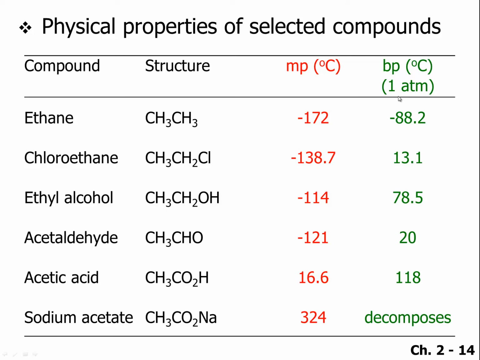So at higher pressures, you end up with higher boiling points. At lower pressures, you're going to have lower boiling points because the molecules are in equilibrium, going between liquid phase and vapor phase. And so the less pressure, the easier it is to get into the vapor phase.